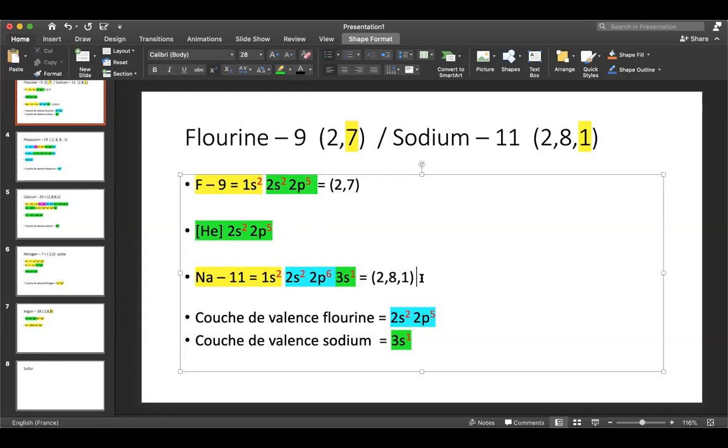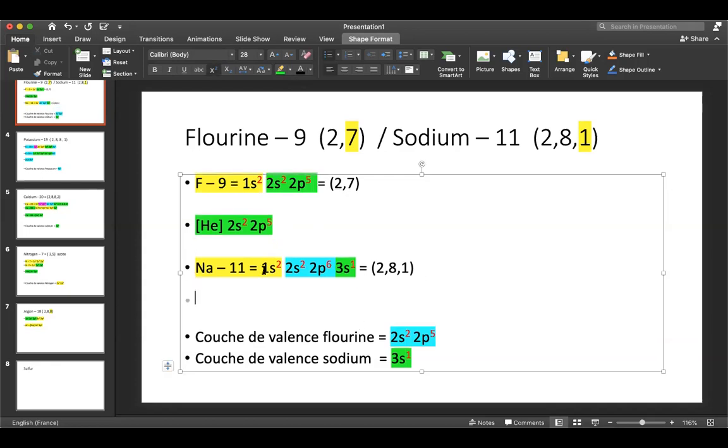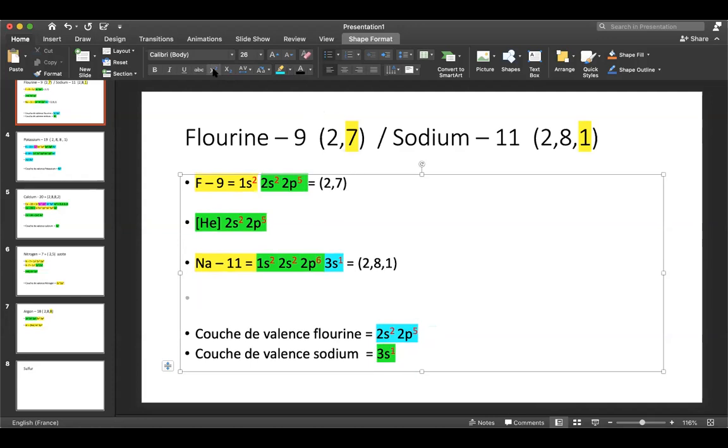Then the last one for sodium, what noble gas is this? Is it neon? So it will be neon, because that gives 10.